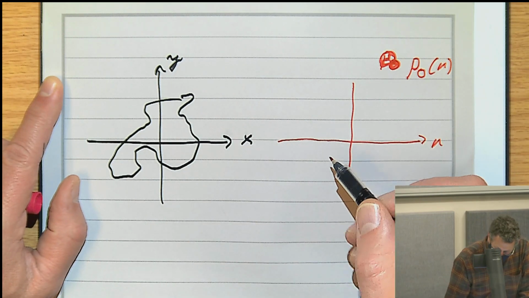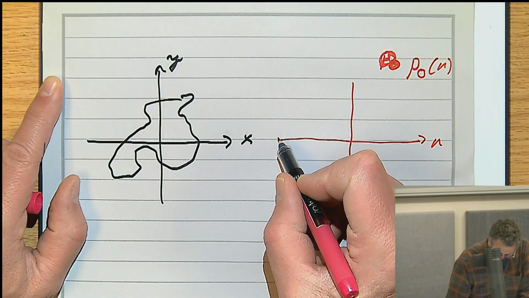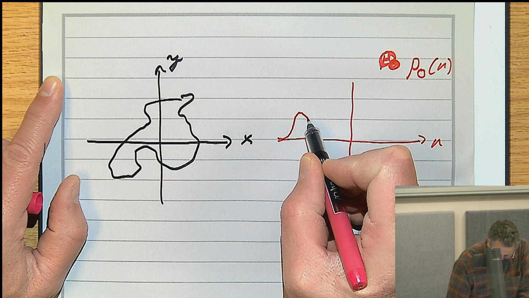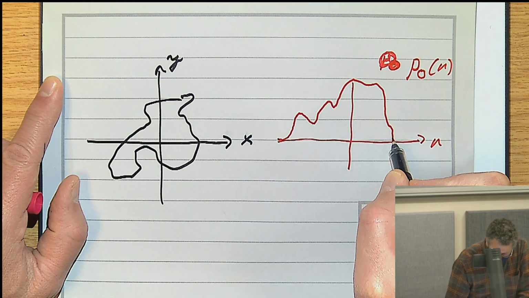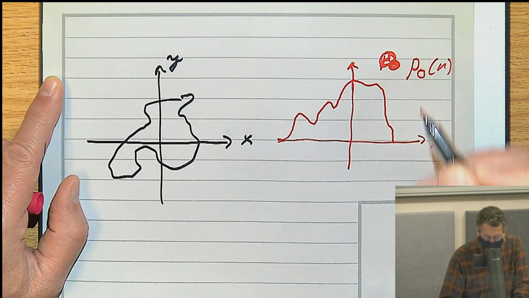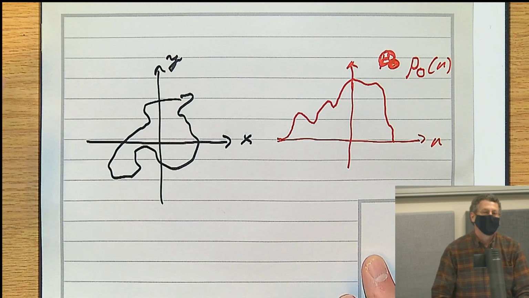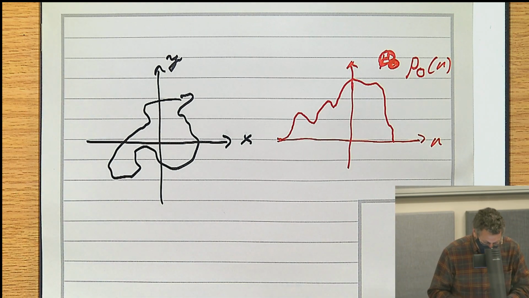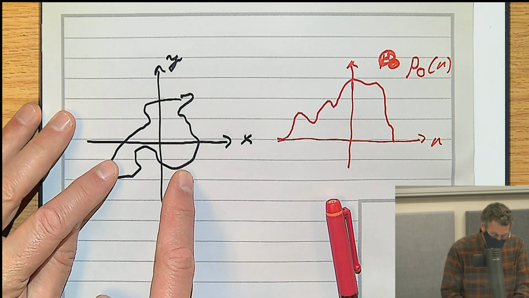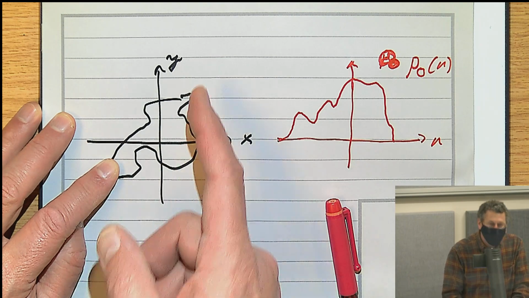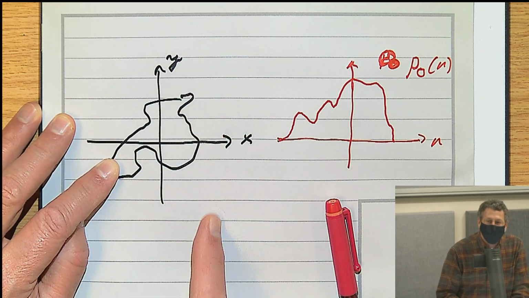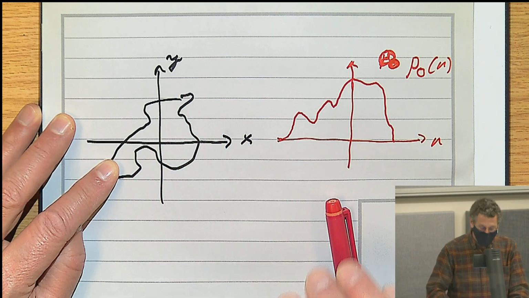So that's going to be some kind of function. I don't know, it's going to look like this. Like that, okay? Let's say that's what it looks like. Now, what you're doing here is computing the sum or the integral along vertical lines, right?